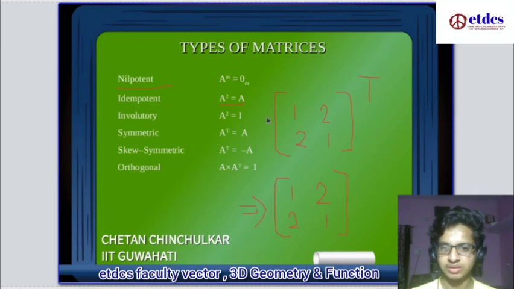So basically we are getting the same matrix after doing the transpose. That type of matrix is known as a symmetric matrix.